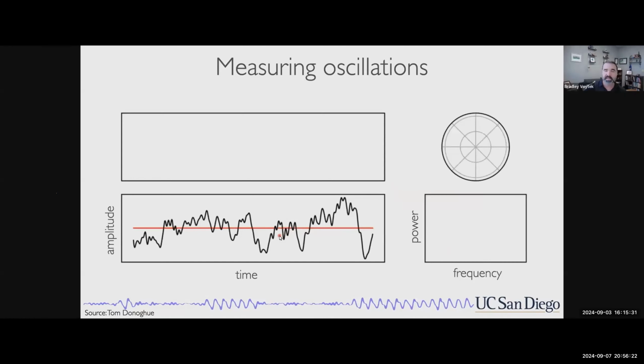So to give you an intuition, by the way, my lab likes to create GIFs, animations for things. This is from former PhD student Tom Donahue, just illustrating how the Fourier transform works. Here you've got a time domain signal in black, and we are going to fit a series of sinusoids to that time domain signal, illustrated above here.